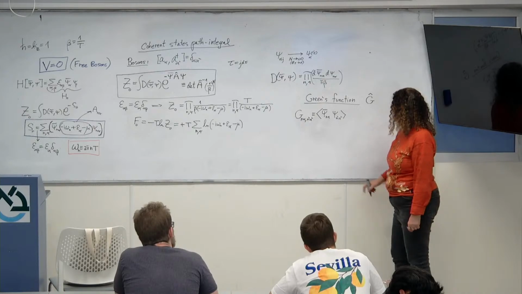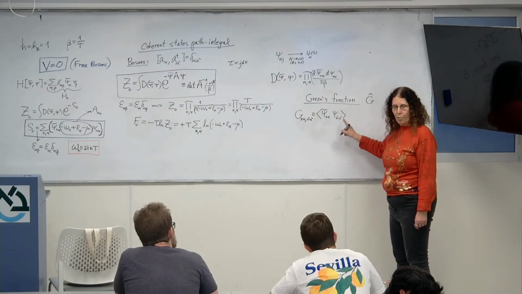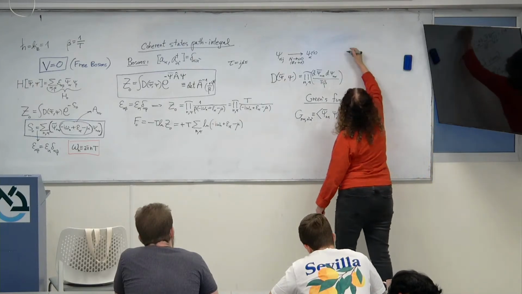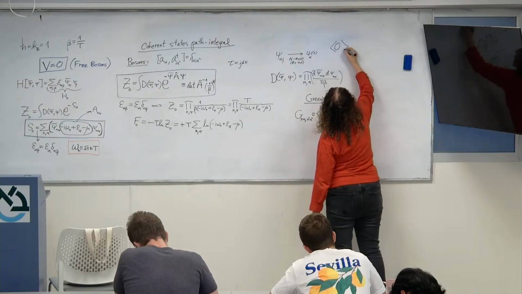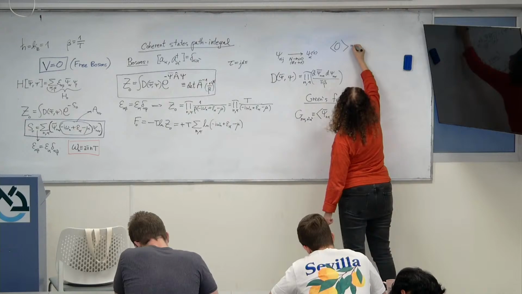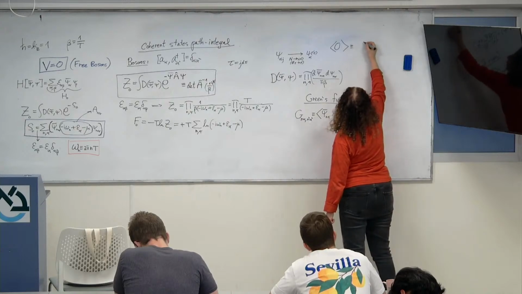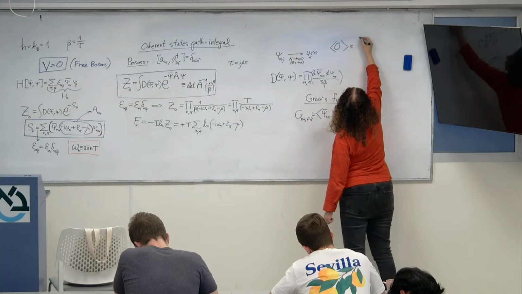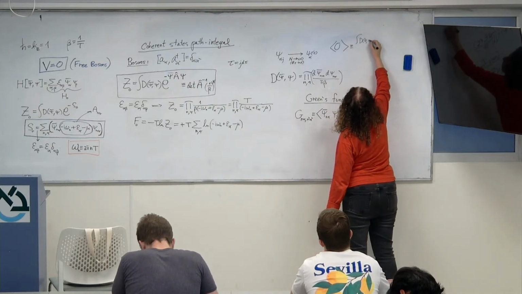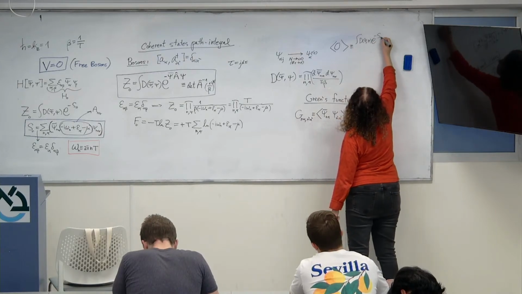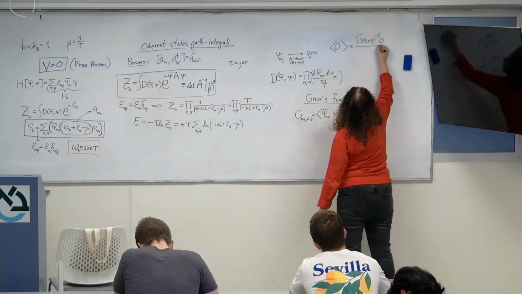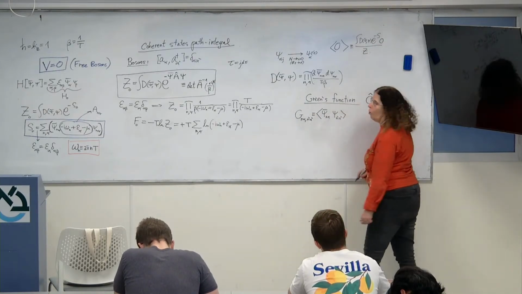Now, what is the definition of expectation value? Write it on the side. For any functional O, this is defined to be the integral d psi bar psi e to the minus S times O, normalized by the partition function.